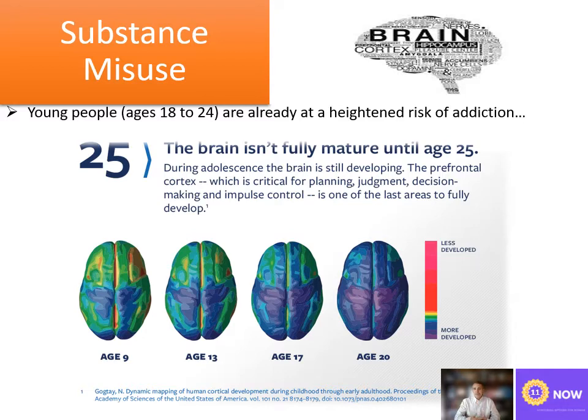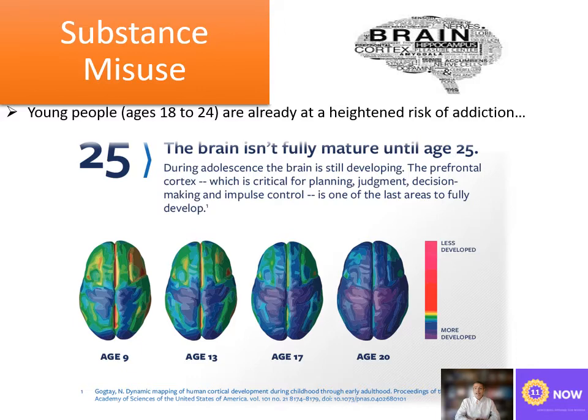Basically, it's like having a cell phone without a case on it. We put the case on our cell phones to protect them, so if we drop it, the screen doesn't shatter. At age 25, our brains are fully developed, those connections are myelinated, they've got a protective sheath, they're protected from damage, and they can stand up to the insult of substances easier or better than unprotected brains. If you drop your cell phone without a case, the screen might crack.